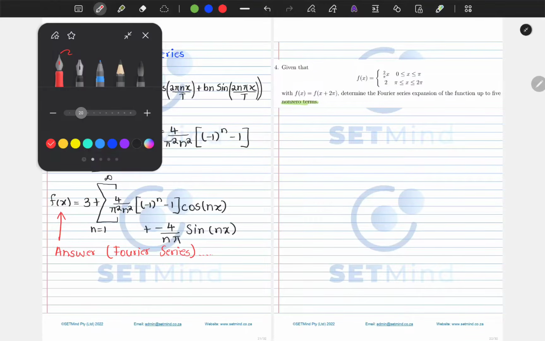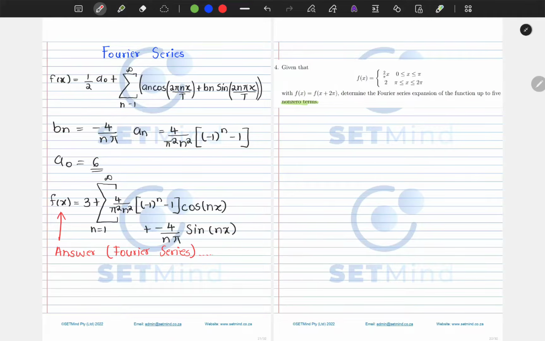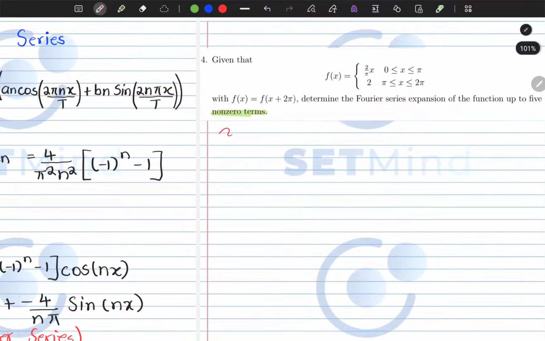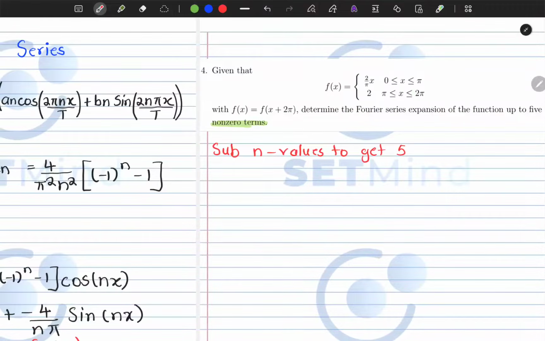But we can go and substitute our n values such that we get non-zero terms. But maybe for this problem, let's just go and substitute. So we need 5 terms, so that means we need to sub n values to get eventually up to 5 non-zero terms.